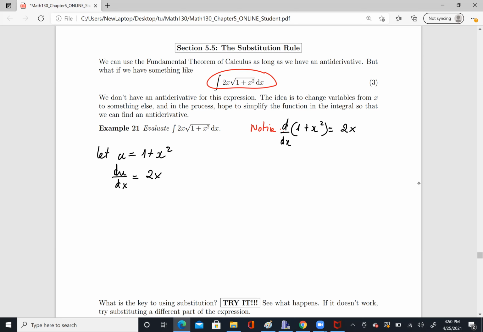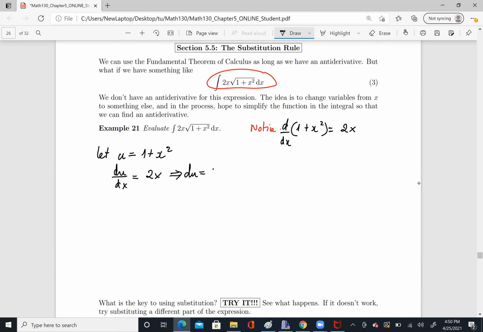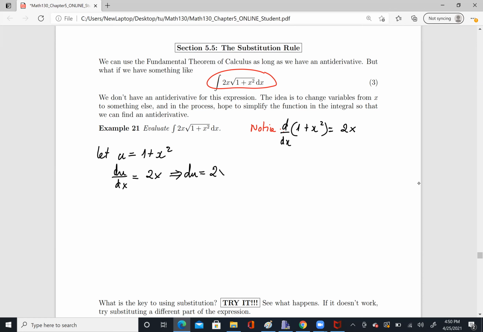And then that can tell me du is equal to, I multiply both sides by dx, 2x times dx. Okay. And then now I'm gonna go ahead and substitute.